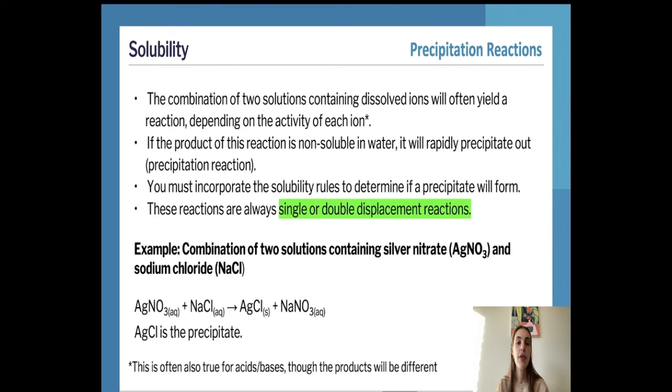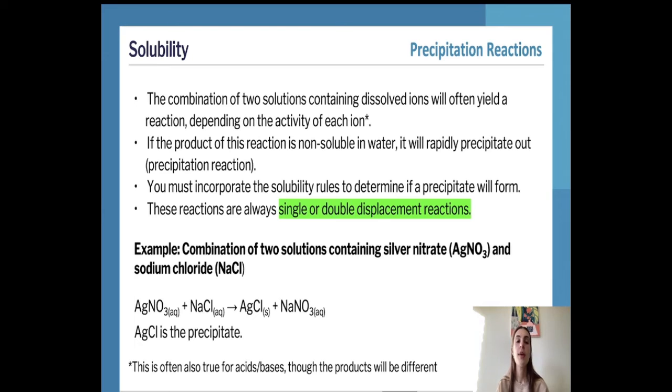If the product of the reaction is not soluble in water, it will rapidly precipitate out, hence it's called a precipitation reaction. This will produce what is known as a precipitate, and that's the solid which you can see which is sometimes formed in particular reactions.